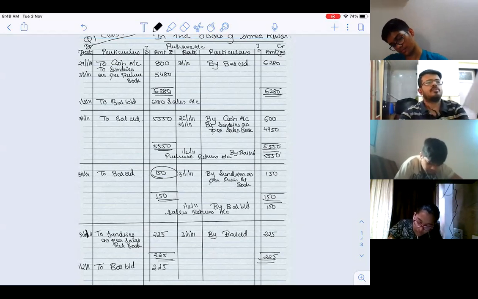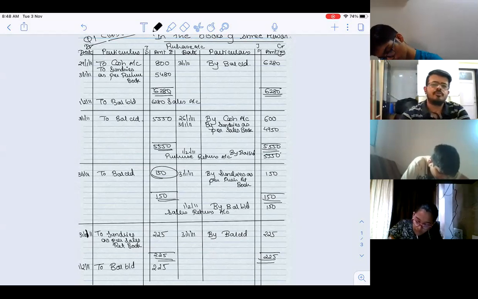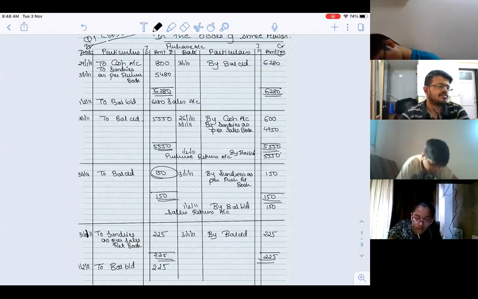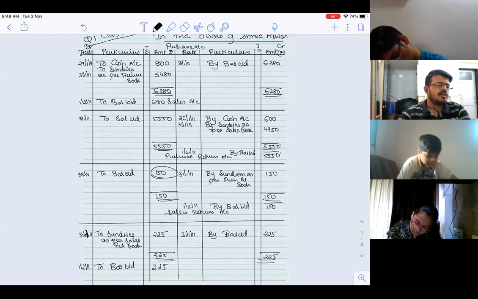In your posting, पहले purchase account में you will find To cash 7,000. The date will be 5th May 2001. And 31st May it will be To sundries as per purchase book.